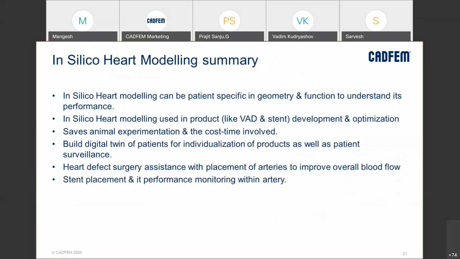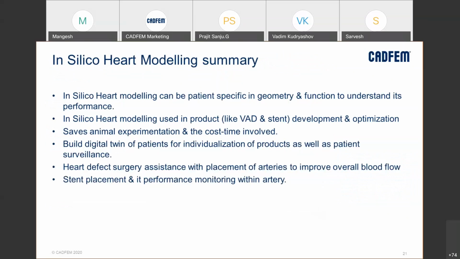So that's it from my side. A summary of this overall session: we did understand that yes, heart modeling is possible with, of course, a lot of effort.